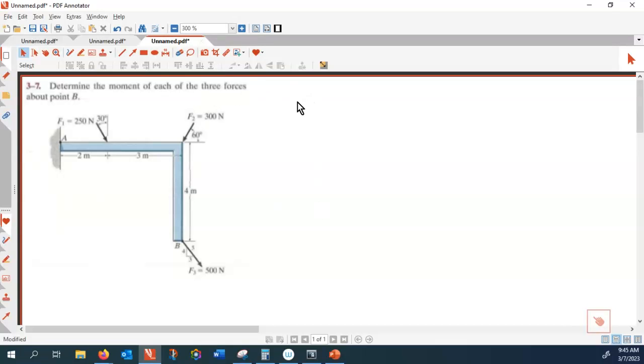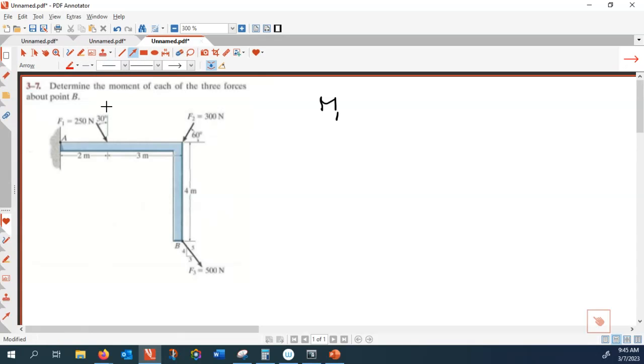So I call this the rotation of F1 with respect to B. I call this M1. And here again, we are talking about the magnitude of the rotation, right? So M1 is the shortest distance of this line of action to point B. Again, we don't want to do the trigonometric solution. For that reason, I'm breaking that force into two components.